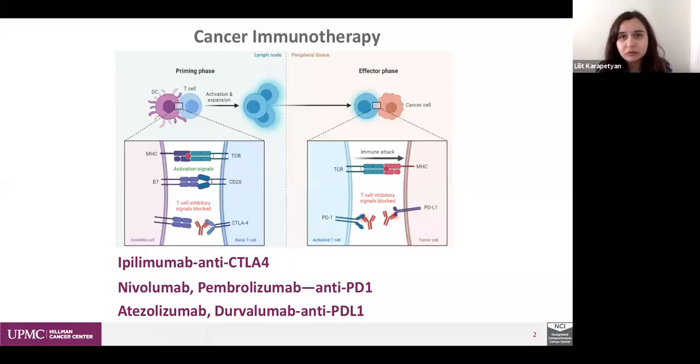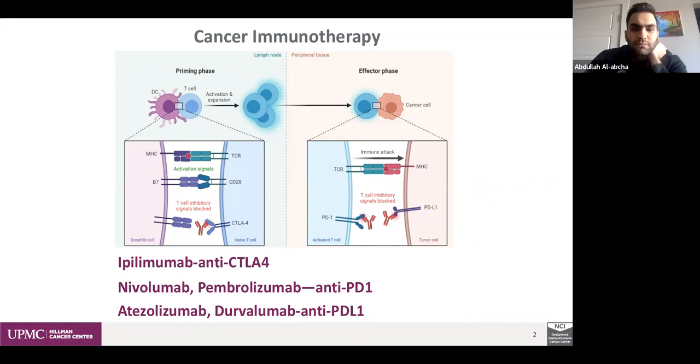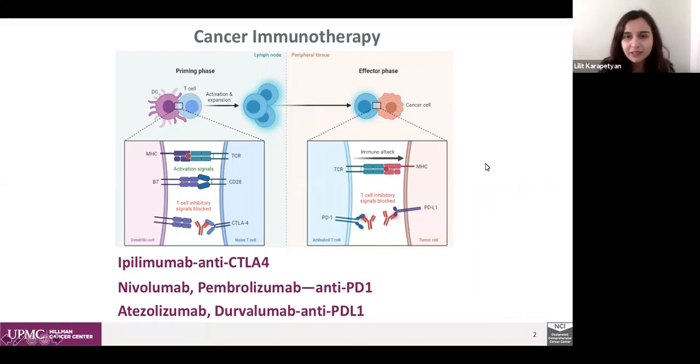So the thing to understand from this slide is to remember that your cancer cells have ligands on the surface such as PD-L1, CTLA4, and your immune system has the ligands as well. In order for your body to activate the immune system, those are the activating signals.